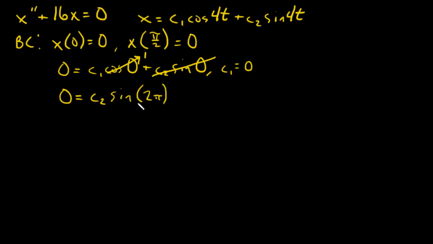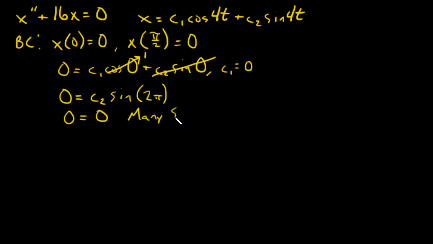Sine of 2 pi is 0, so this means that 0 equals 0. It doesn't matter what I do with my C2, I wind up with a true statement. So this has really an infinite number of solutions.